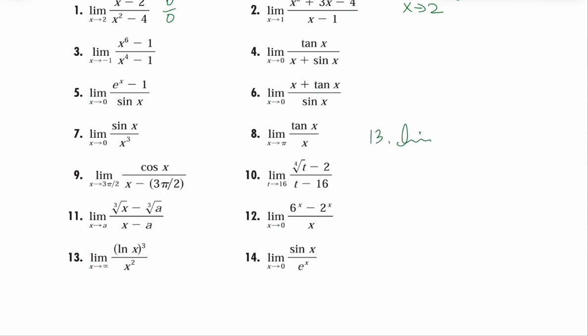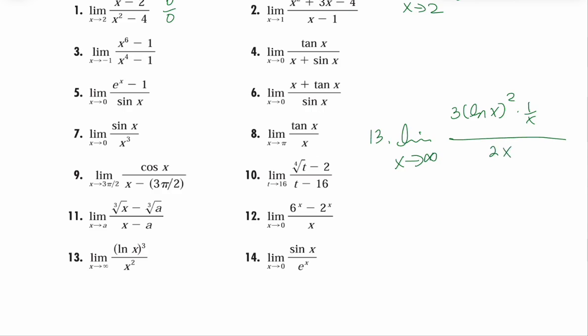So if I do the derivative of the top, it's a chain rule. We have the natural log stuck in a cube. So it would be 3 natural log of x squared times 1 over x. And then if we do the derivative of x squared, that's 2x.